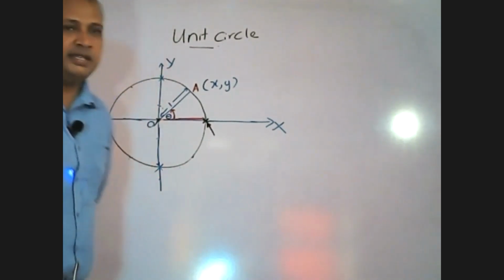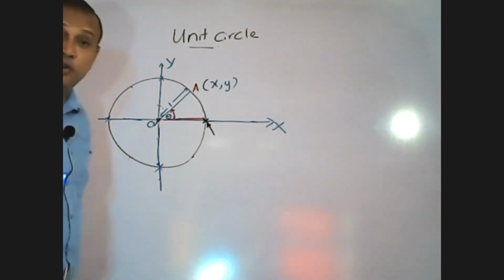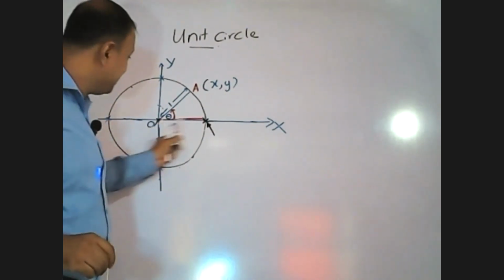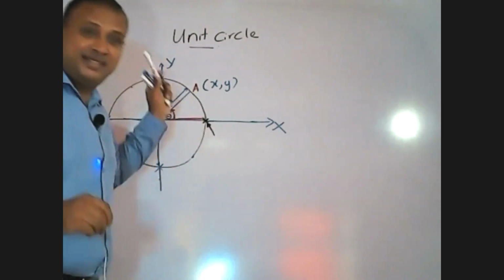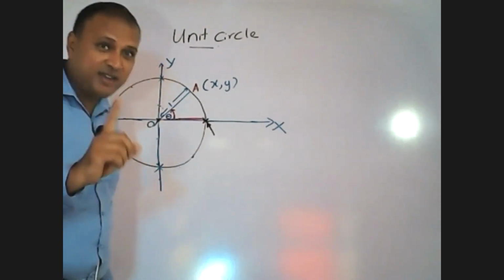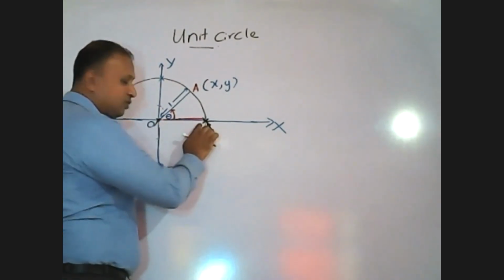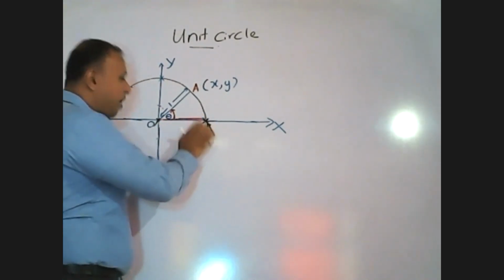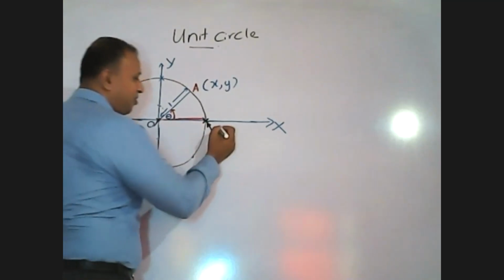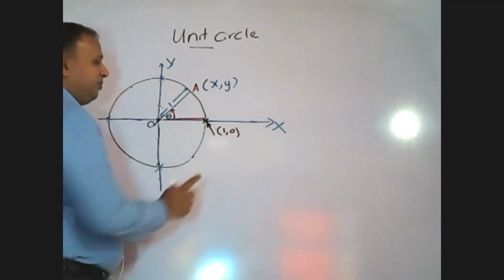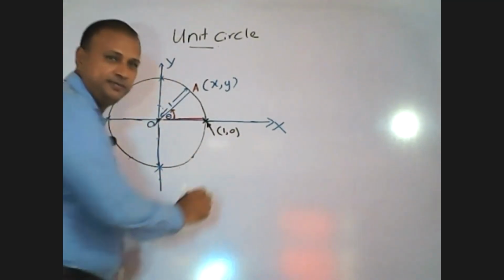X is 1, y is 0, Puta. The x-coordinate is 1, the y-coordinate is 0. Therefore, this one is (1, 0), not (0, 1). Very good.